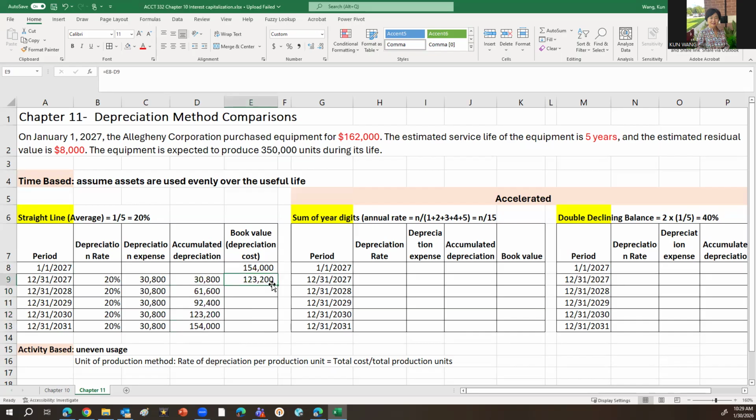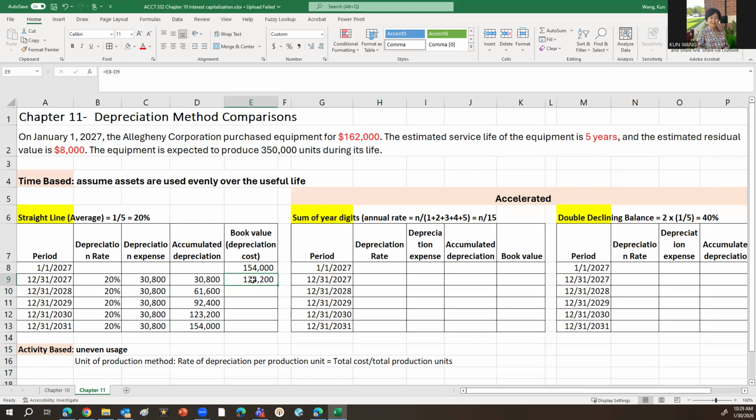And then I think this one I can continue copying my formula because each year you are using the prior depreciation balance, depreciation cost, minus the accumulated depreciation. I think, let me adjust this.